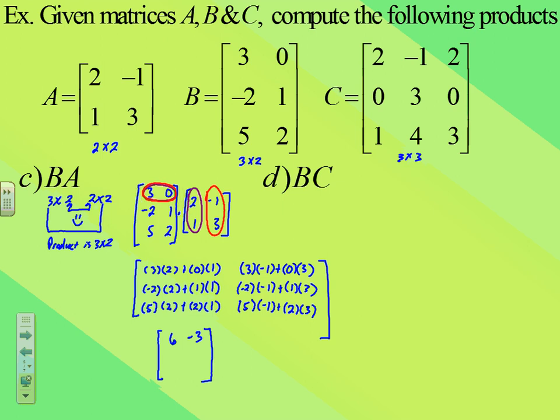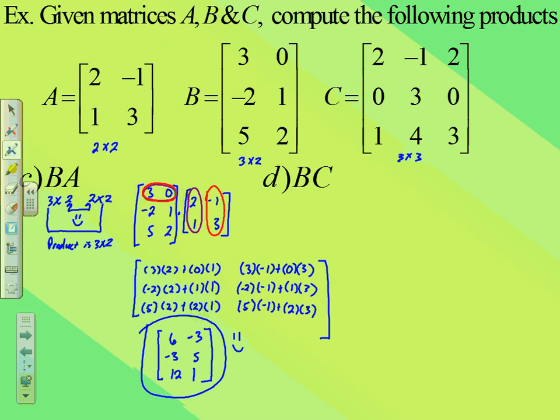Just go through the last ones here. I'm going to get a -3 here, then a +5 here, a 12 here, and finally a 1 here. So here is our happy answer. That would be the product of matrix B times matrix A.